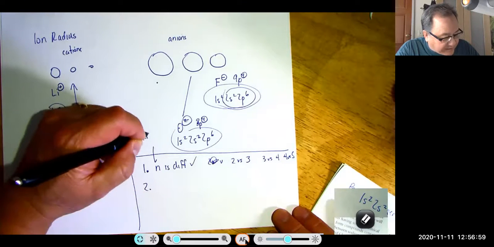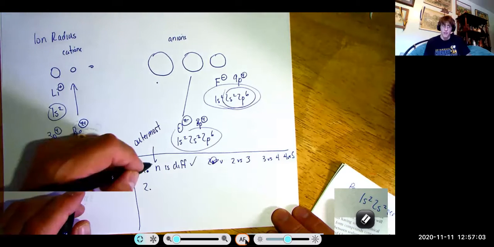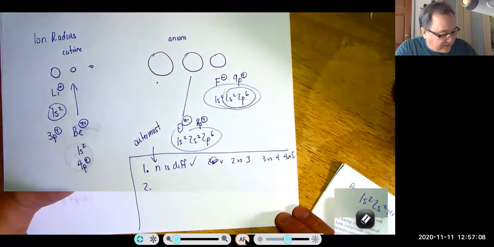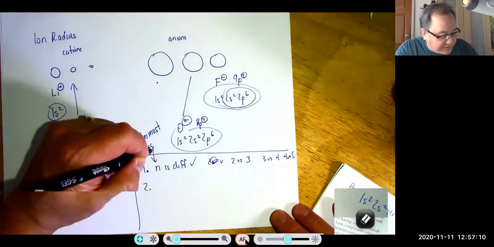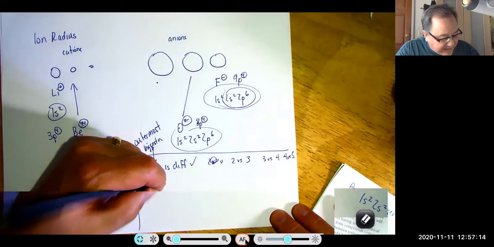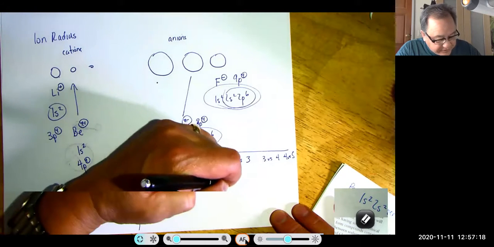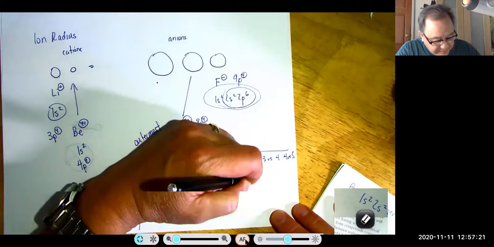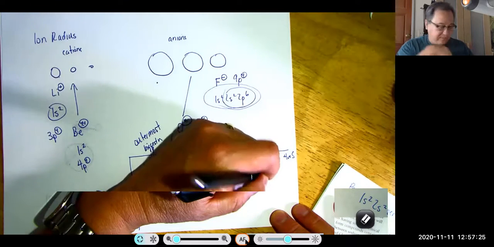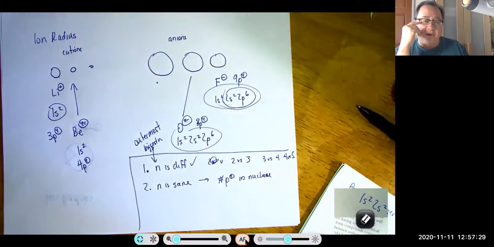Do you understand what I mean when I say outermost? Is that like the 2s and 2p? Yeah, biggest N. So biggest N is the outermost. Now, what if the biggest N is the same? Then you go for the number of protons in the nucleus.